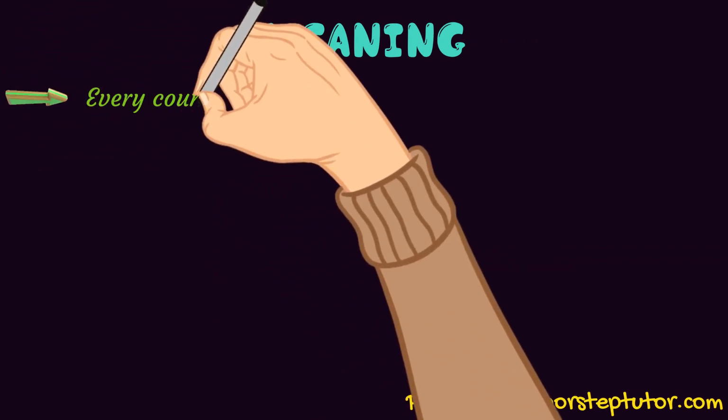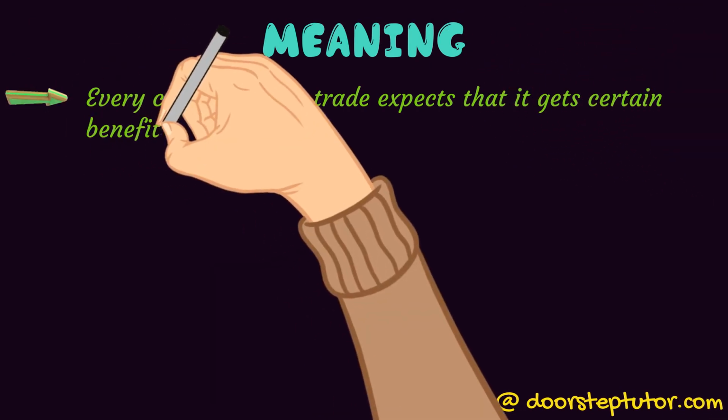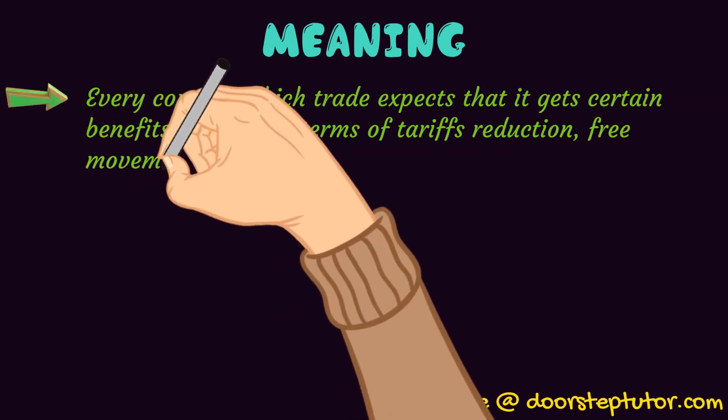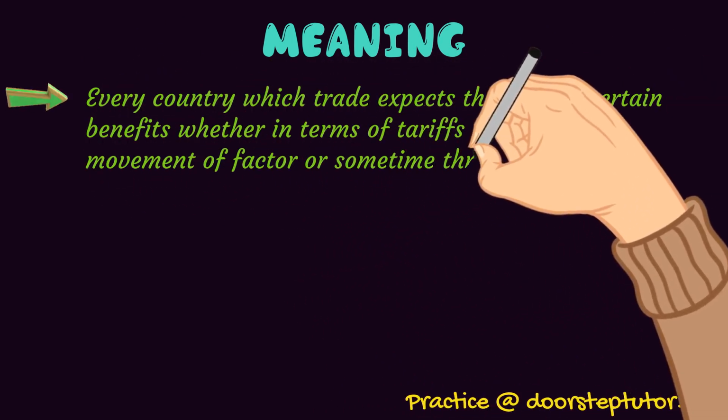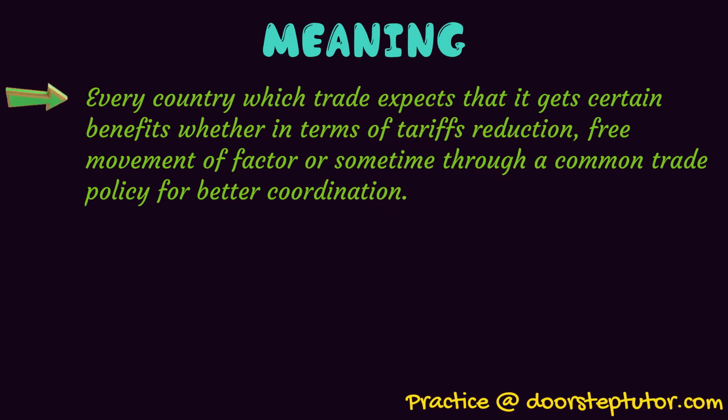See, every country which trades expects that it gets certain benefits, okay? Whether we talk about the tariffs or the free movement of labor or the various factors of production or a common economic monetary policy, fiscal policy, there can be many things.